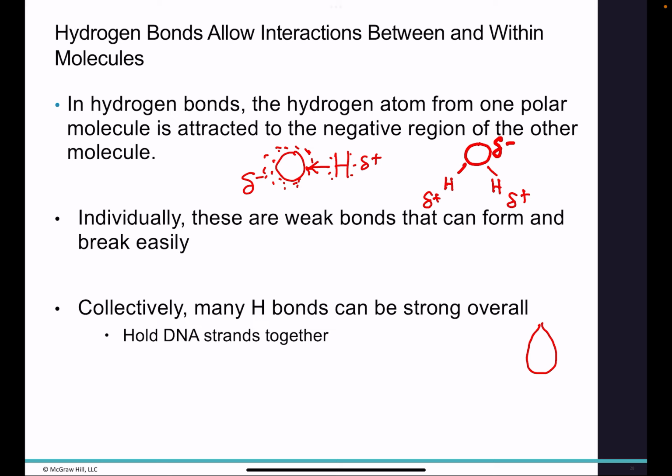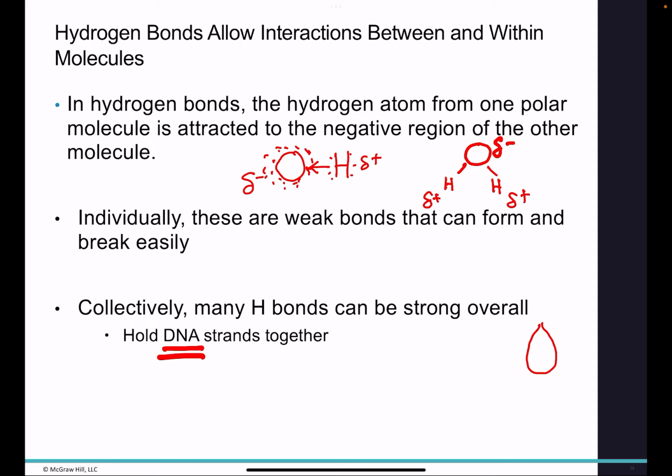Hydrogen bonding is really important in our biological molecules as well. First of all, water is super important. Water is the main component of all of our cells in our body. And so some of our properties of water come from this polar interaction. But hydrogen bonds are also important in our big biological molecules, such as DNA.